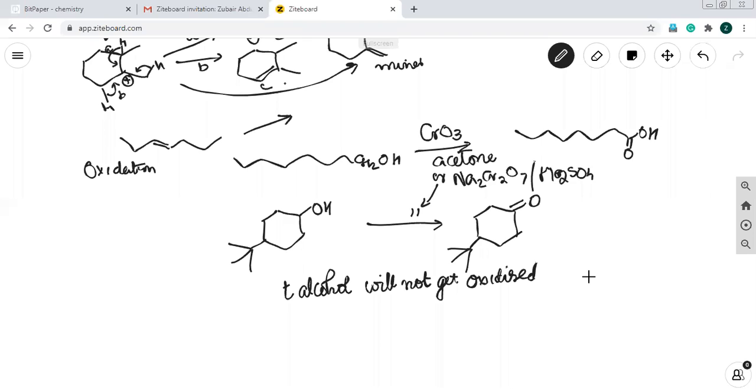Okay, now suppose I have this compound. I want to prepare this compound, cyclopentanone. This is called cyclopentanone.